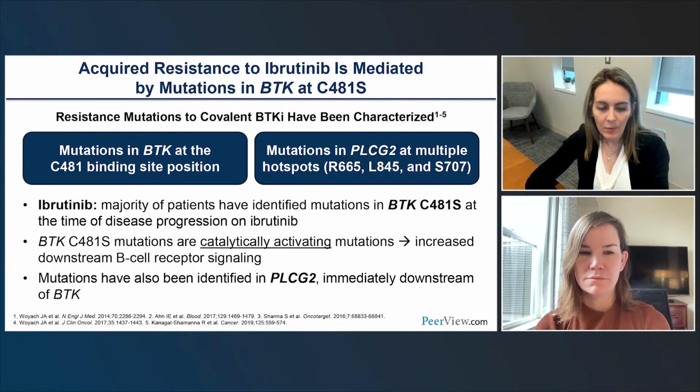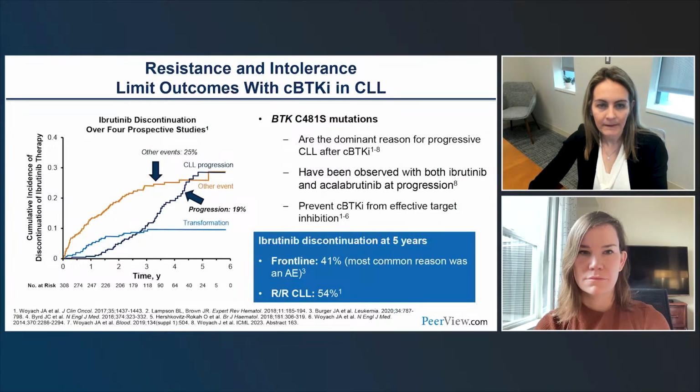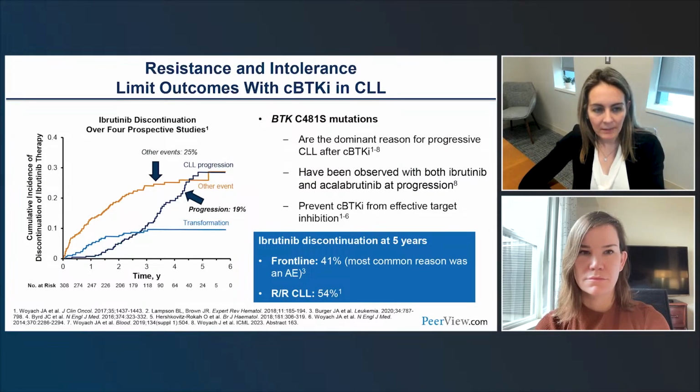A smaller proportion of patients also have mutations in PLC gamma 2, which is immediately downstream of BTK in the BTK signaling pathway. And resistance is a problem for patients treated with covalent BTK inhibitors, including ibrutinib, as seen here.